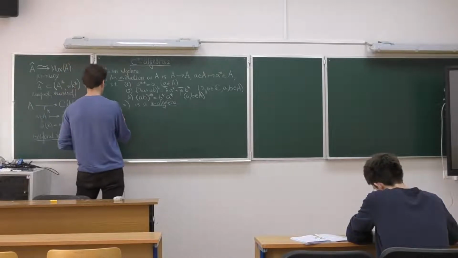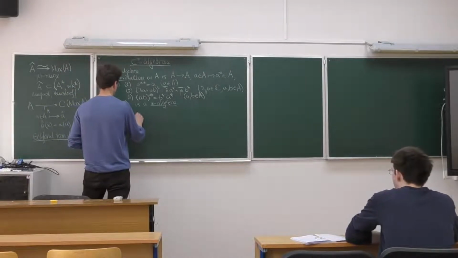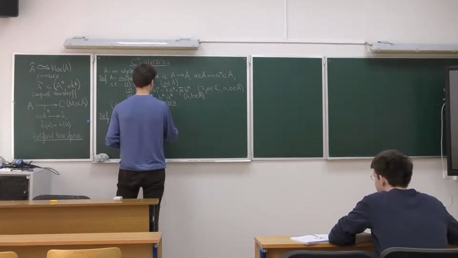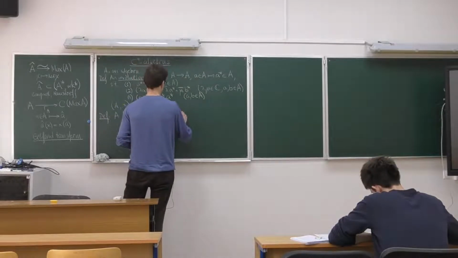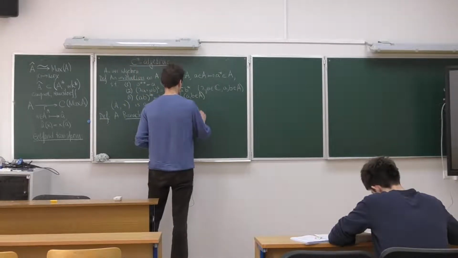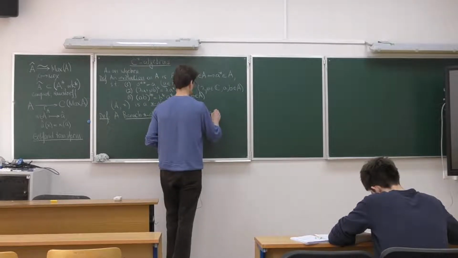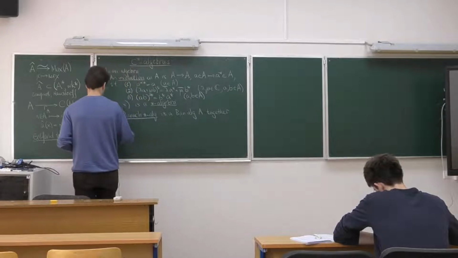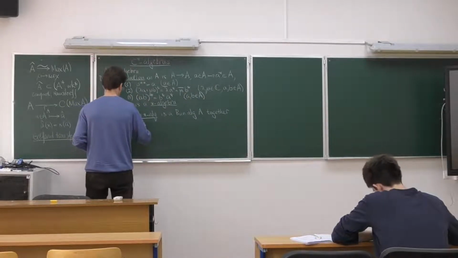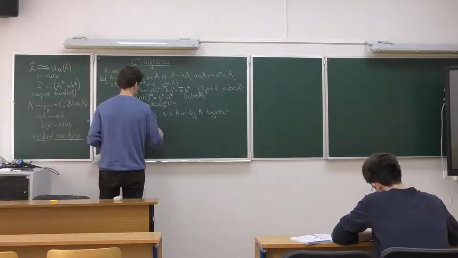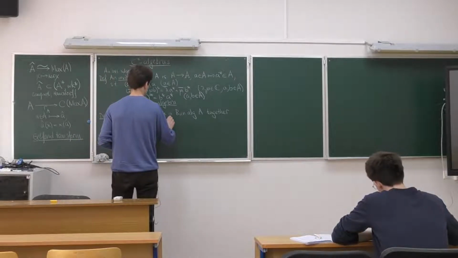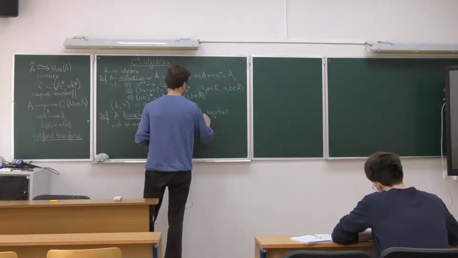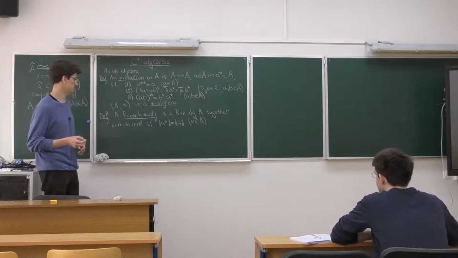So we define a Banach star algebra to be a Banach algebra A, together with an involution such that the involution is isometric. The norm of a star is equal to the norm of a, together with an isometric involution.